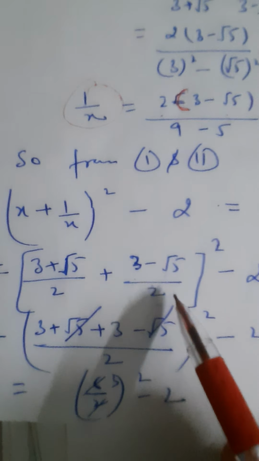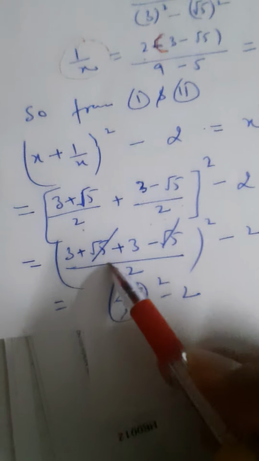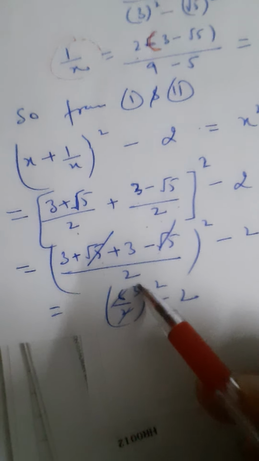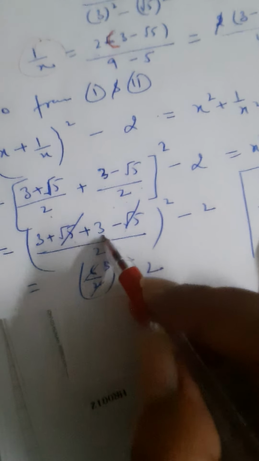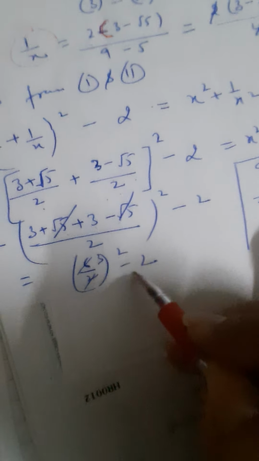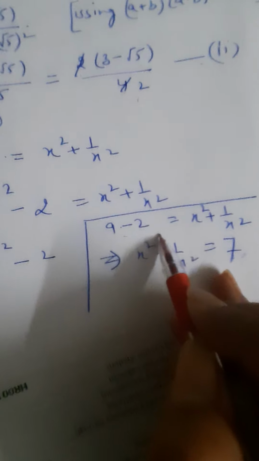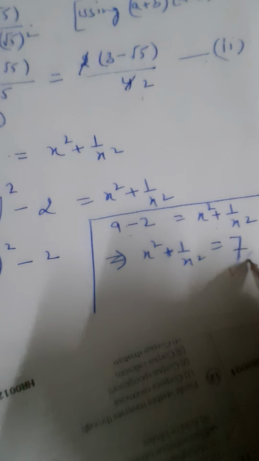बच्चे, from here I have taken this. So now just take LCM, and after taking LCM, root 5 will get cut by minus root 5, and upon 2. This is whole square. 3 plus 3 is 6, 6 upon 2, that is 3. 3 square minus 2. So my answer is 9 minus 2, that is x square plus 1 by x square is 7.